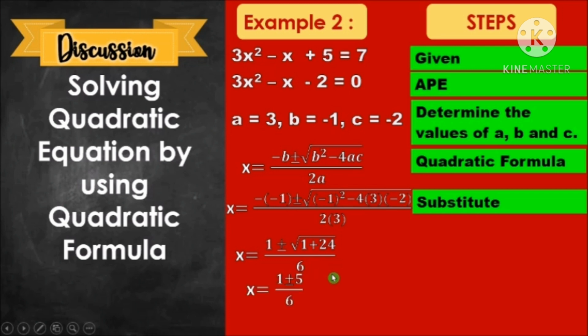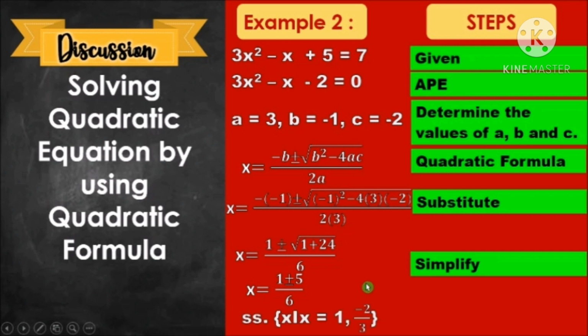Then let's simplify it more. So we have x is equal to copy 1 plus minus square root of 1 plus 24 is 25. Then we have square root of 25, it will become 5 all over 6. And that is how we simplify the item.